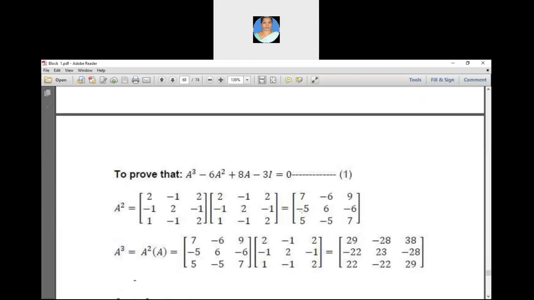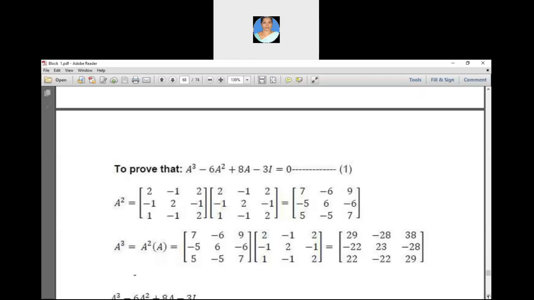Then we find A cube by multiplying A square into A, where A is [2, -1, 2; -1, 2, -1; 1, -1, 2]. Multiplying, we get the matrix [29, -6, 38; 22, 23, 28; 22, -22, 29].